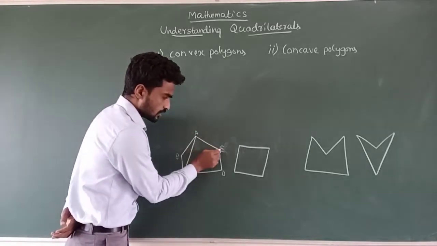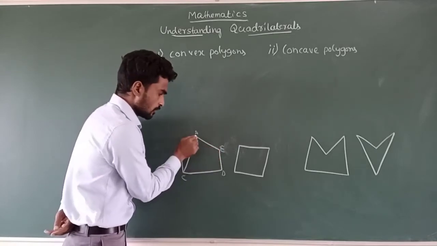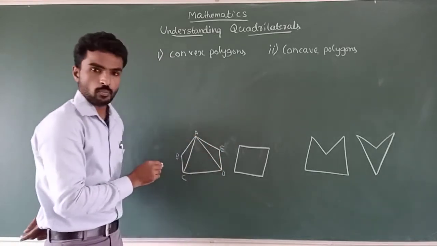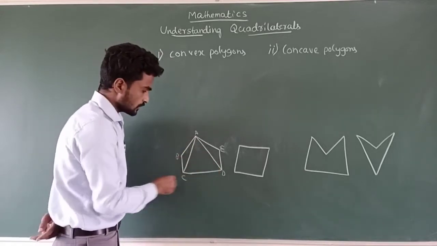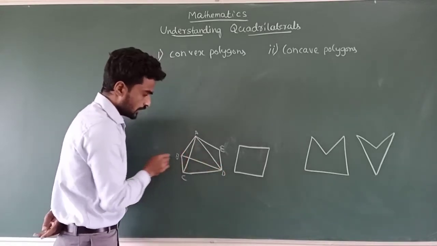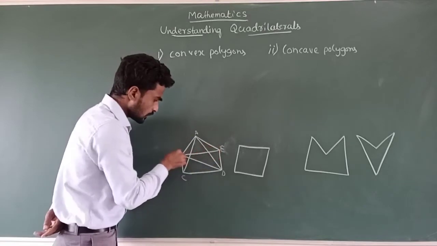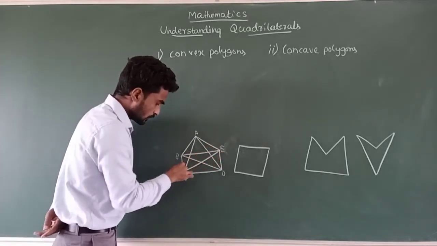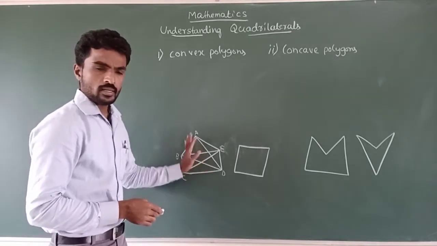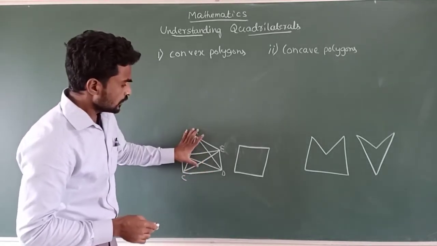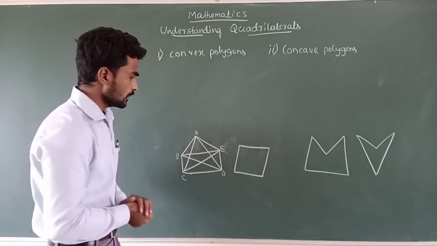Again, A and E are consecutive points, but A and D are not consecutive points. Join these two, we get two diagonals. And then next BD, then DE, and also EC. There are five diagonals in this polygon.